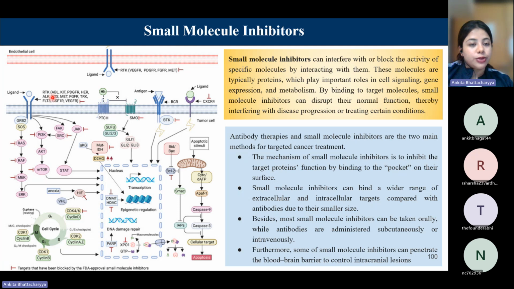What I would like you to note is that the types of RTKs present on each of these cell types are quite different. If you look at the blue colored cell surface, which is indicative of a cancer cell, you can see ABL, KIT, HER, ALK, ROS, TRK, FLT3, all of these different types, in addition to all of the ones listed for the endothelial cells.